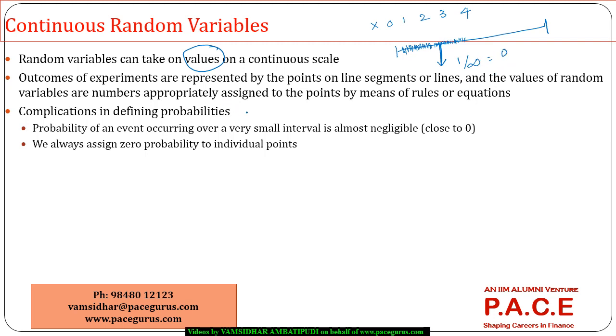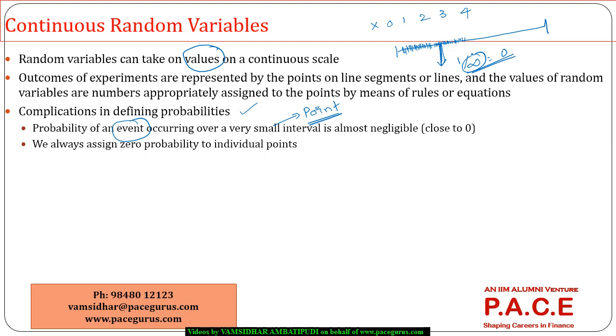So this is one thing we have to understand when we are working with continuous random variables. The probability of an event occurring at a point, to be specific, not even an interval, is very much negligible because there is an infinite set of values that are possible, and out of them I'm looking at one as favorable.